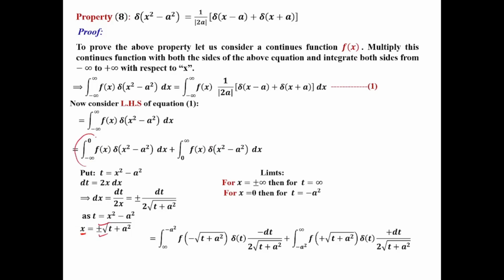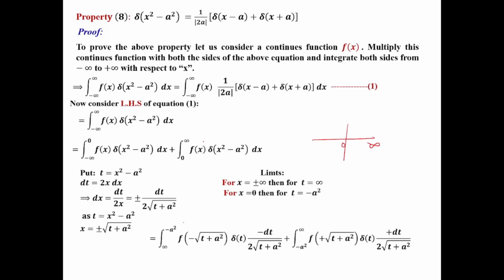So in this range x will be negative, hence we wrote minus root over of t plus a square into delta t, because we considered t as x square minus a square, and dx here will be also negative, minus dt by 2 into root over of t plus a square, whatever I wrote over here. Got it?